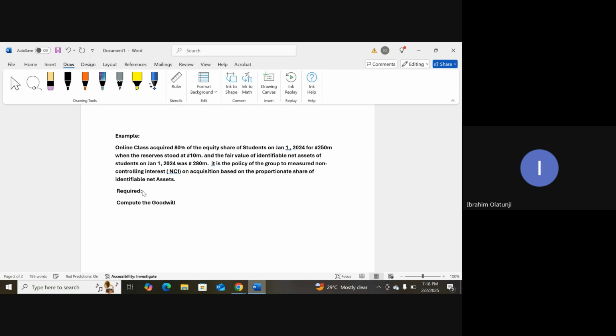Required: let me say number one, construct the group structure. Number 2, compute the goodwill.